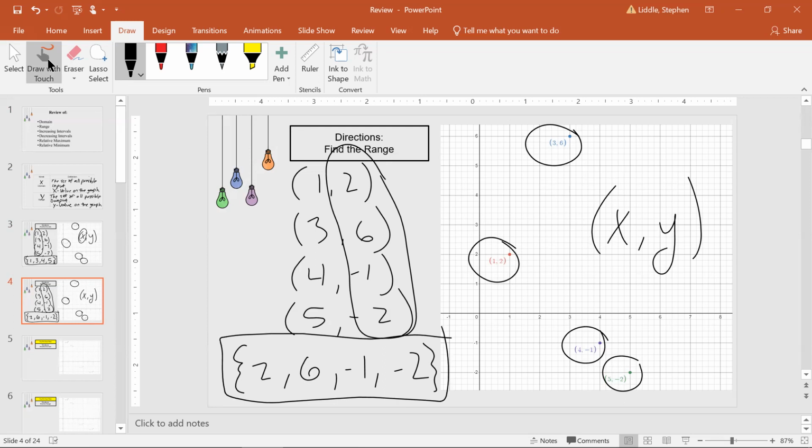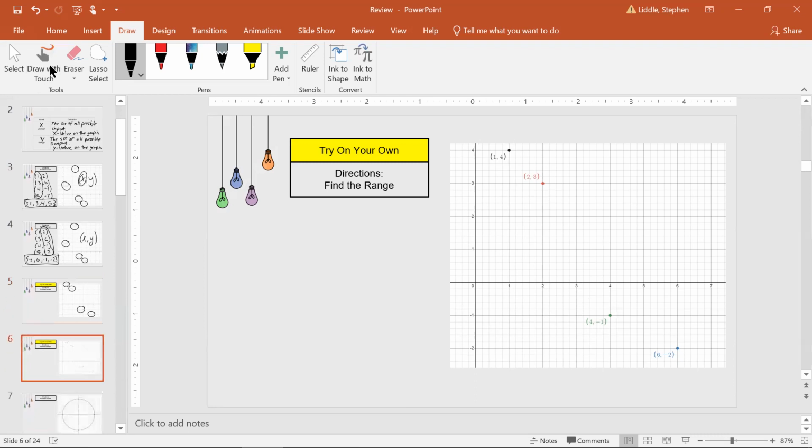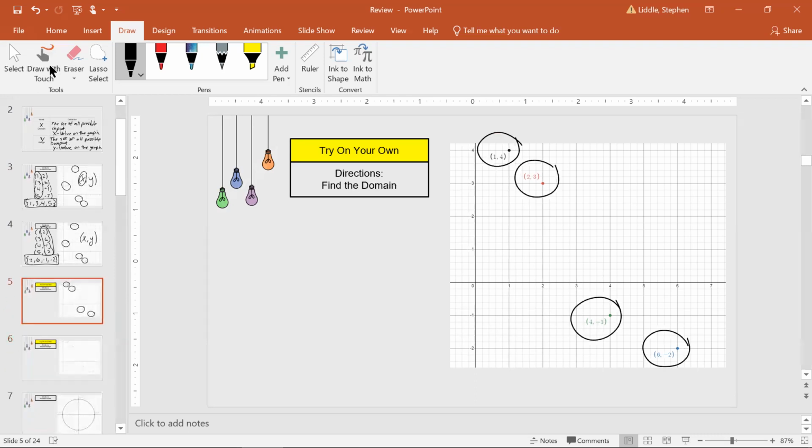Now that I've given this example, we're going to have you try one on your own. So given the 4 points here, you could pause this video, find the domain, and find the range on your own on the worksheet that you guys were given. So I'll pause for about 3 seconds, and then I'll give you the answer here on the screen.